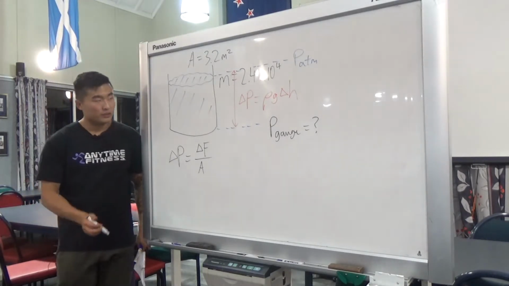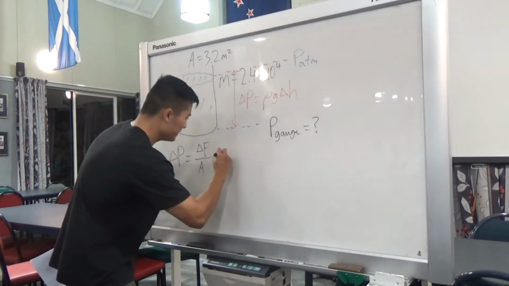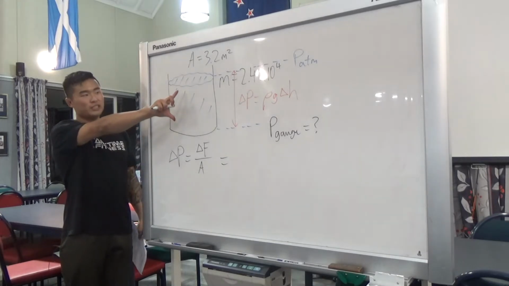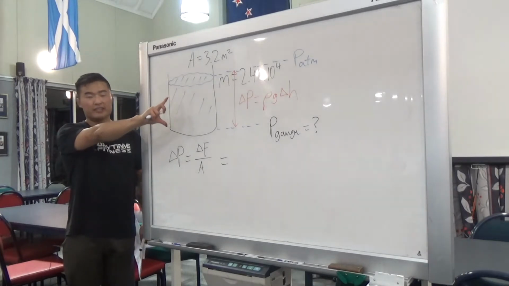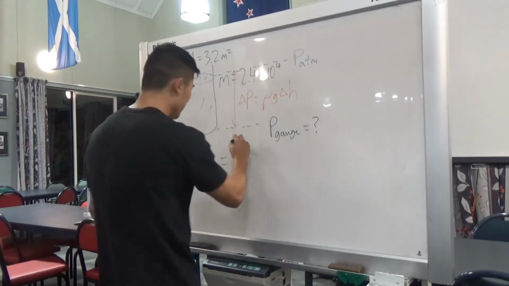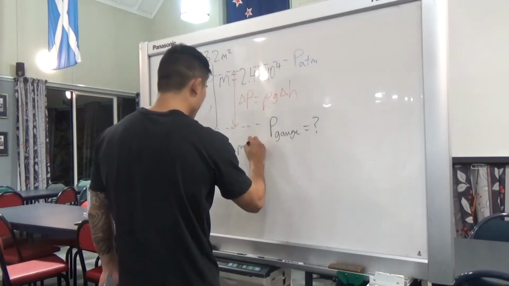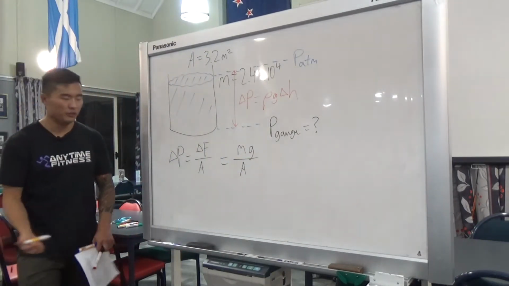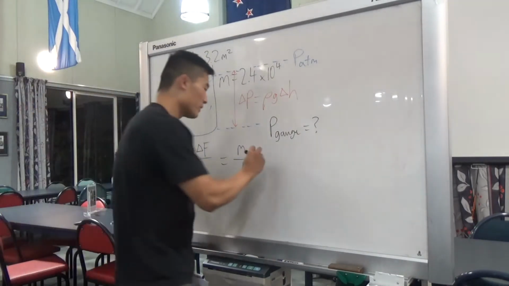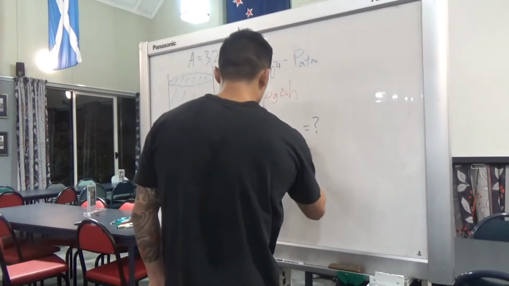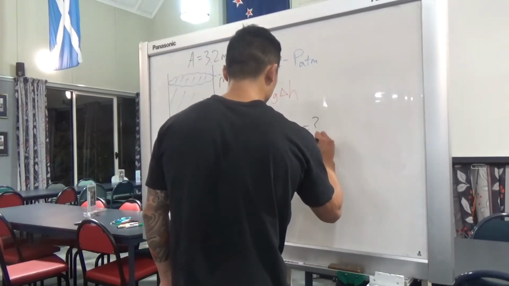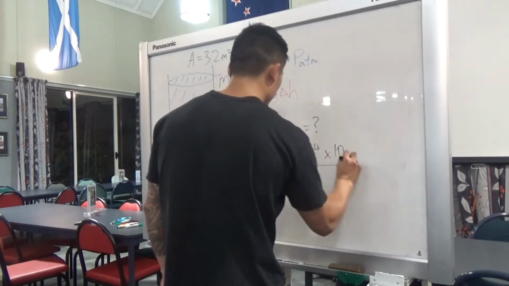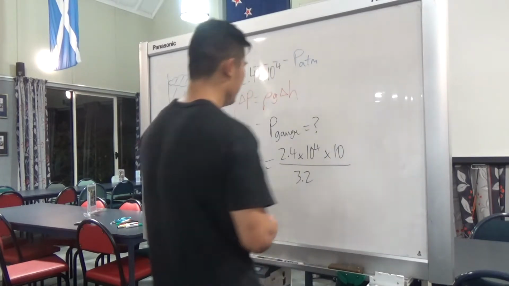Okay? So that's the other equation that we had for delta P. And so the amount of force that's being applied is going to be the weight force of the water. So that's mass times gravity, right? So the force is going to be mass times gravity over the area, and we know the area, so we can calculate delta P. So mass is 2.4 times 10 to the 4 times 10 over our area, which is 3.2.